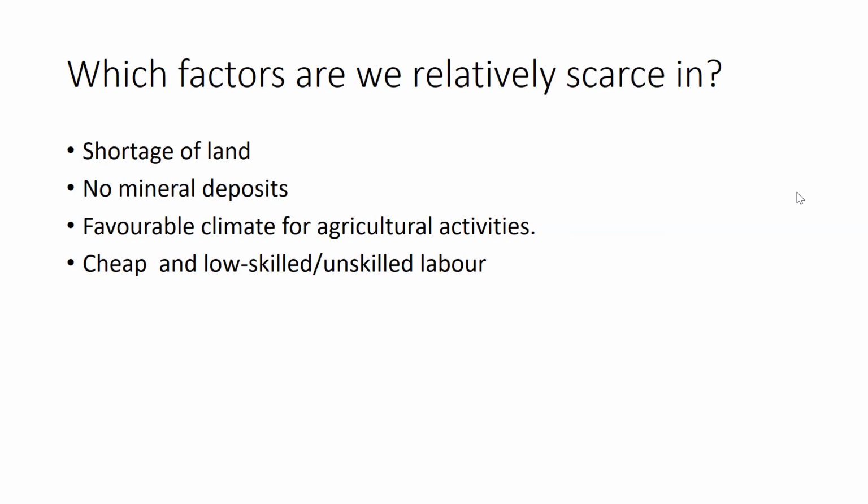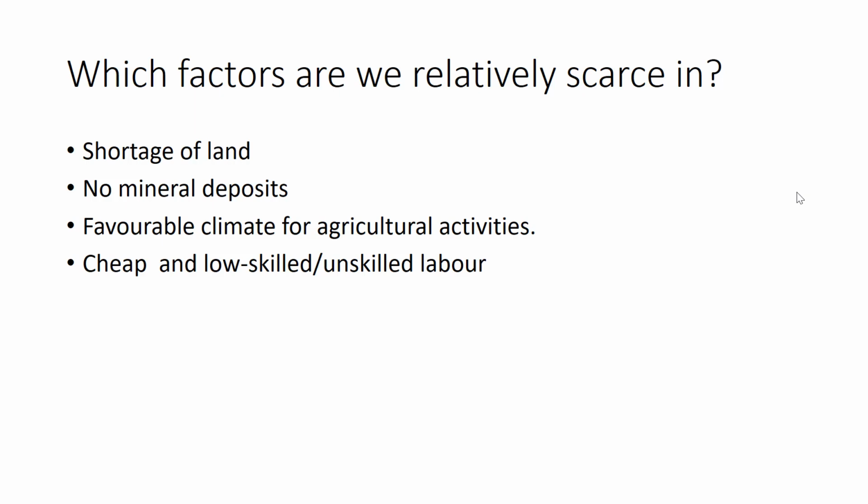Once you are clear about our relative factor abundance, think which factors of production Singapore would be relatively scarce in. We are definitely short of land, we have almost no mineral deposits, and we do not have a favorable climate for agricultural activities because it's constantly hot. Many of these agricultural goods require the four seasons.